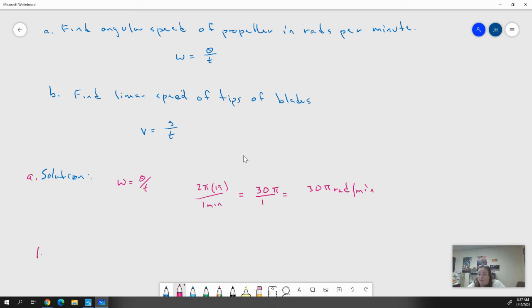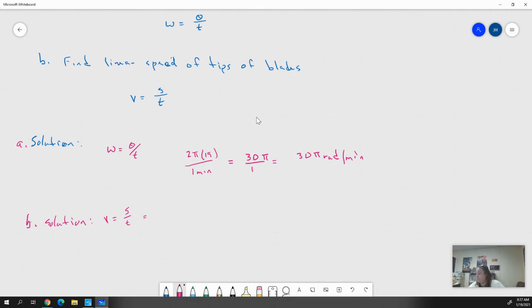What is our B solution? What information do we need here? We need V equals S over T. Well, in this case, what is our T? What do we know still? What are we dealing with in terms of T?